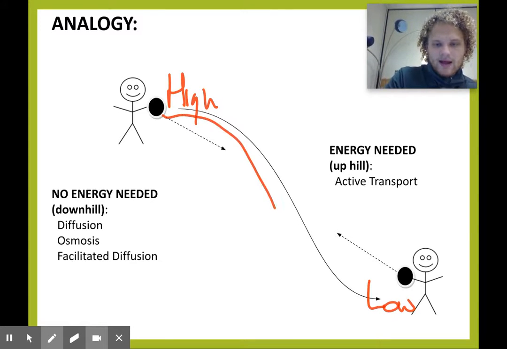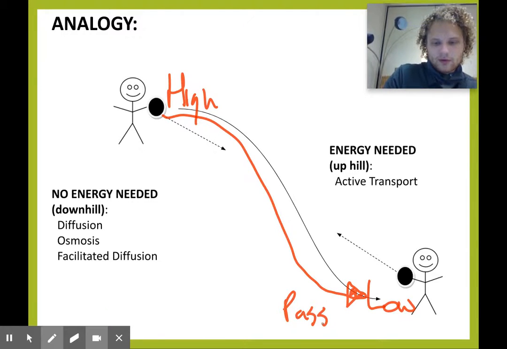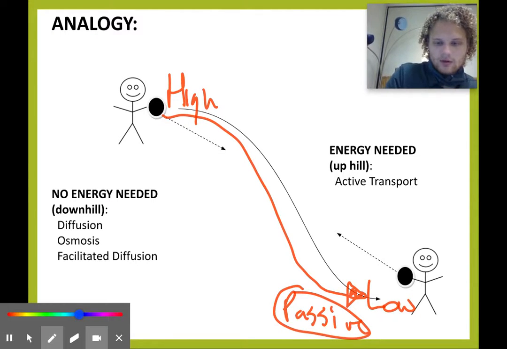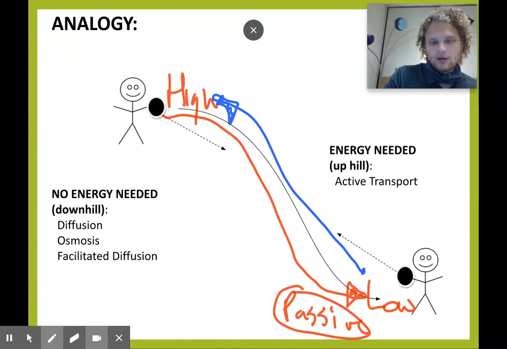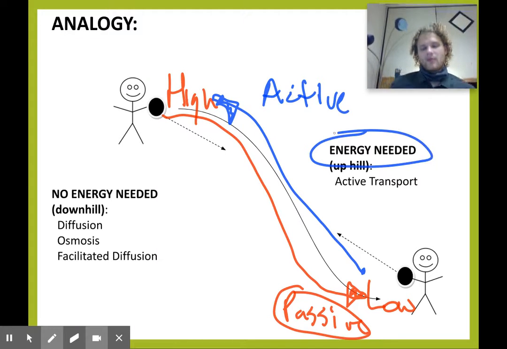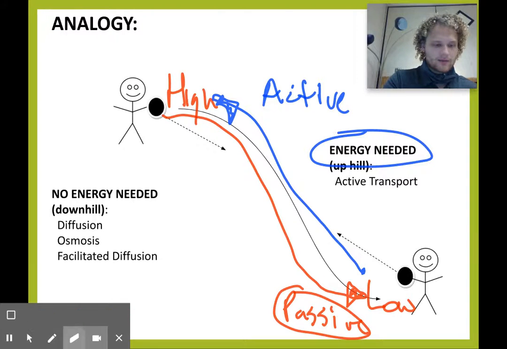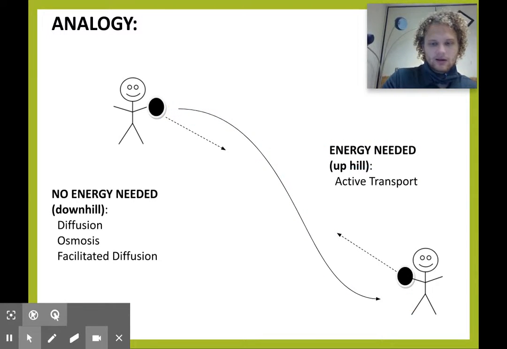So passive transport. Whereas when we flip it and we go from low to high, now it's going to be active. And energy is needed. You're going uphill. So active transport.